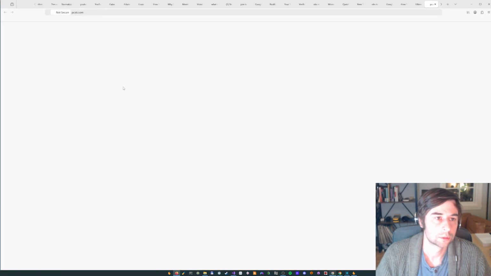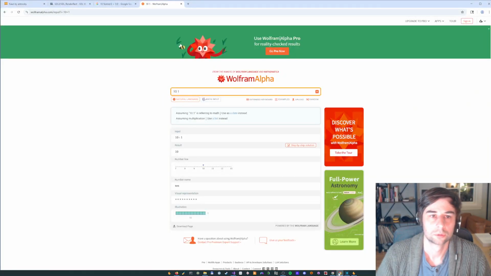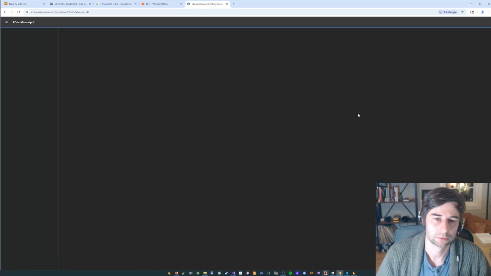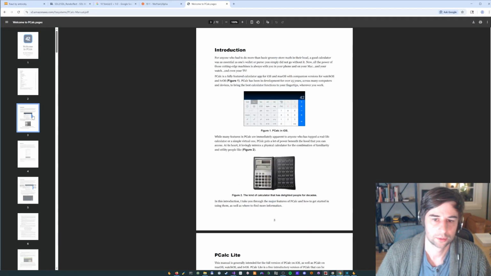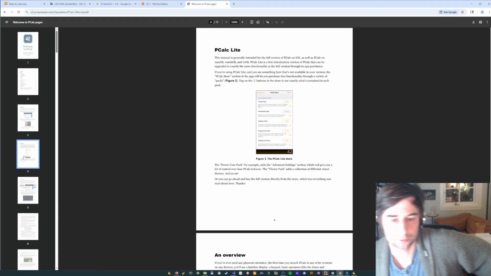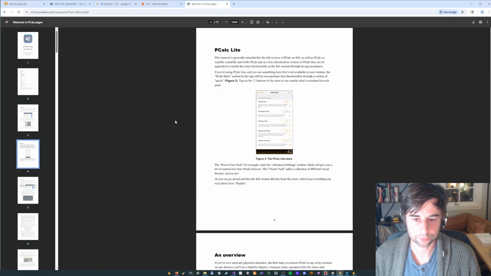pcalc. Let's see, pcalc. Oops, that's the other one. Oh, yeah, I think I've seen this. Yeah, my friend likes this. Is there a read manual? Let's see. Yeah, is this the one that also has the seriously good math library inside? The Intel decimal floating point or something?